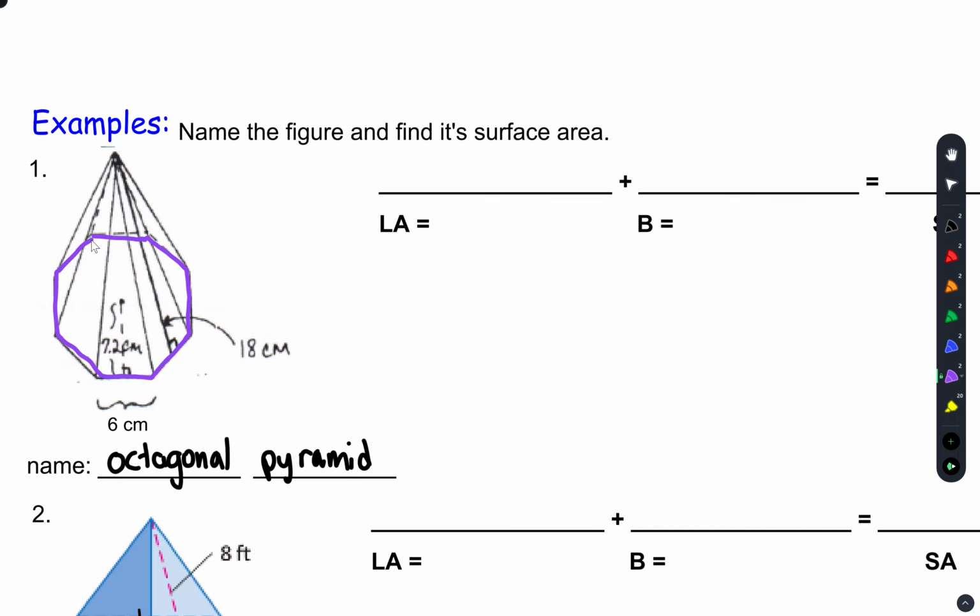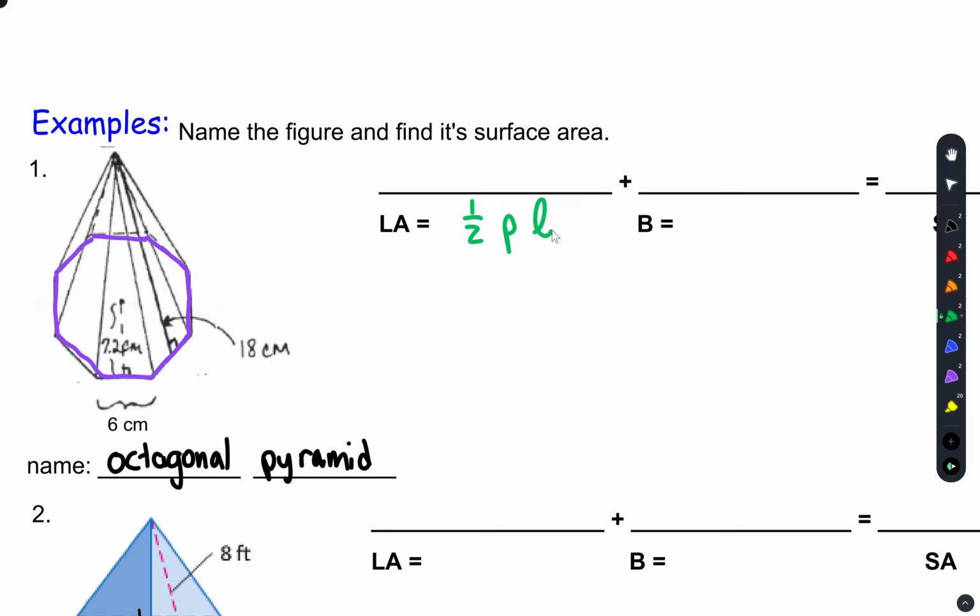Okay, good with that? I'm going to fill in the pieces of my formula. Lateral area, remember lateral area is all of the sides not including the base. That's 1/2 perimeter times slant height based on my formula. B is just whatever shape the base is.